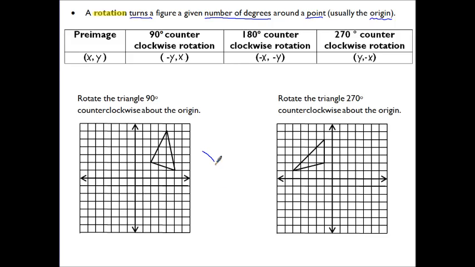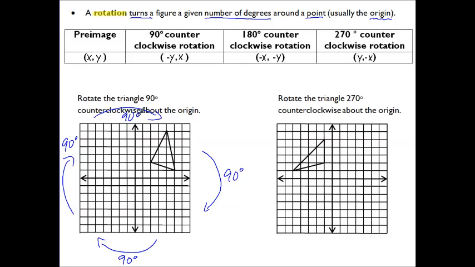So 90 degrees clockwise would be into the fourth quadrant, and 90 degrees clockwise again into the third, and 90 degrees into the second, and then going back 90 degrees, we are back where we started.